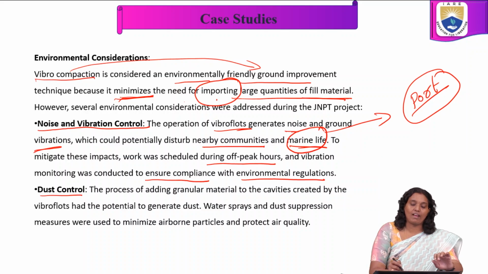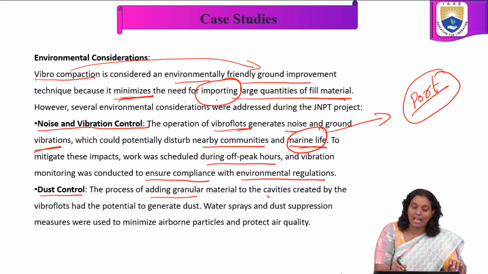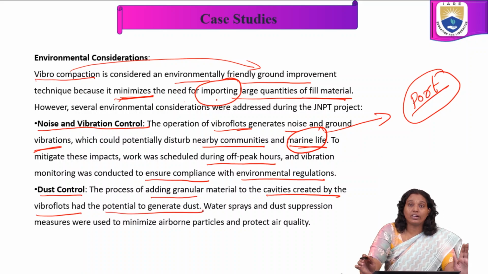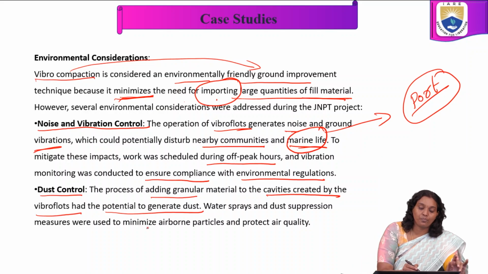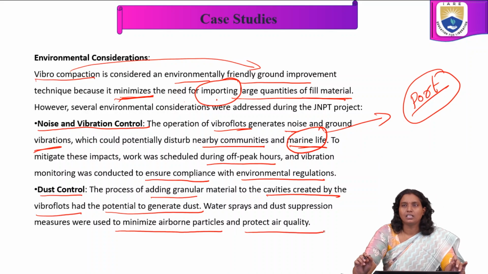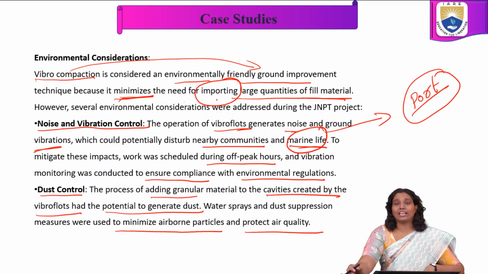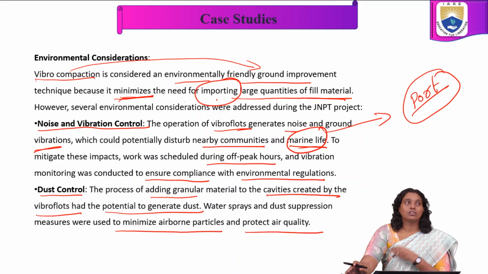So the process of adding granular material to the cavities created by the vibroflot has the potential to generate dust. So water sprays and dust suppression measures were used to minimize airborne particles and protect air quality. Because of the dust, we get air pollution, so we are reducing the air quality.